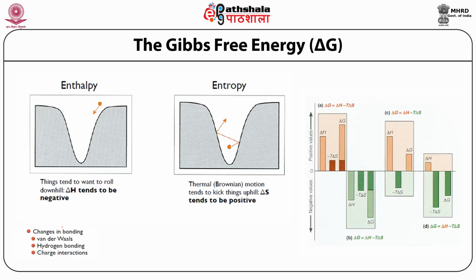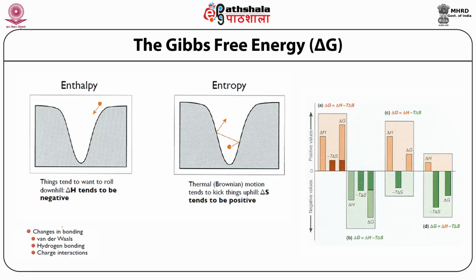However, for the entropy-mediated system, thermal or Brownian motion tends to keep things uphill. Delta S tends to be positive. It changes the arrangement of solvent or counter ions and reflects the degrees of freedom, rotational and translational state.